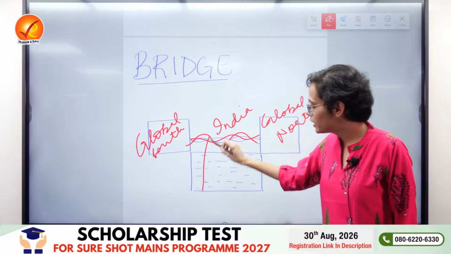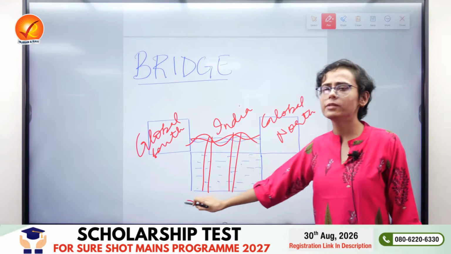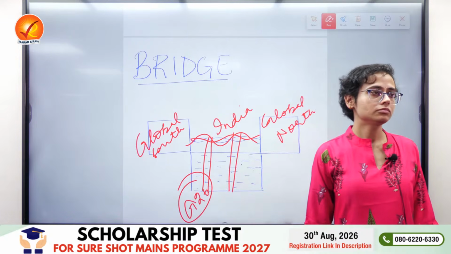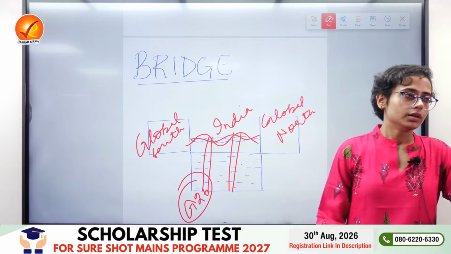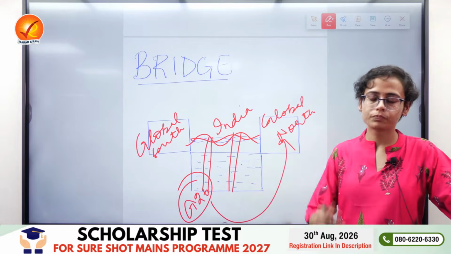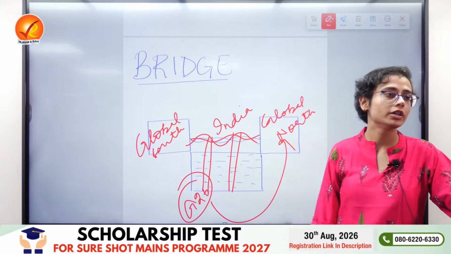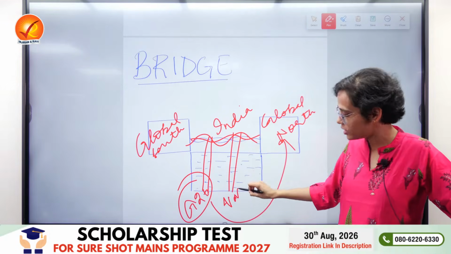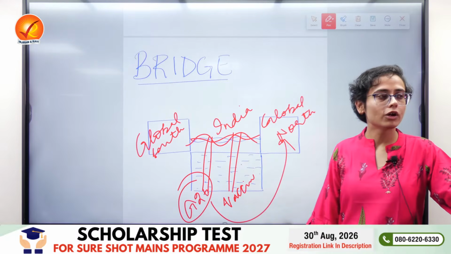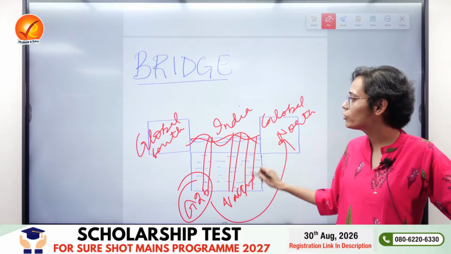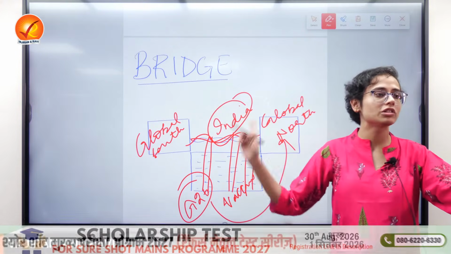So what will be the pillars? It can be, let's say, G20, where the global south, the African Union was given membership, right? We can also talk about Vaccine Maitri. We can also talk about the International Solar Alliance. There can be multiple pillars through which India is bridging global south versus global north.